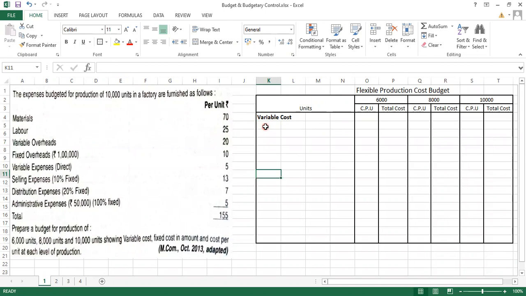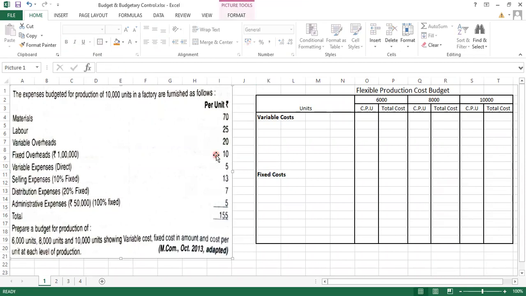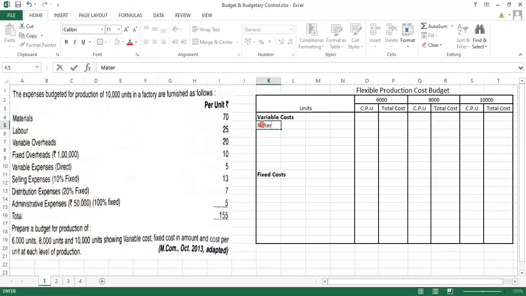And in the next line, you are going to write down fixed cost. जैसे जैसे आते जाएगा, we will just put. First one is material, 70 per unit. So material will be under the variable cost.